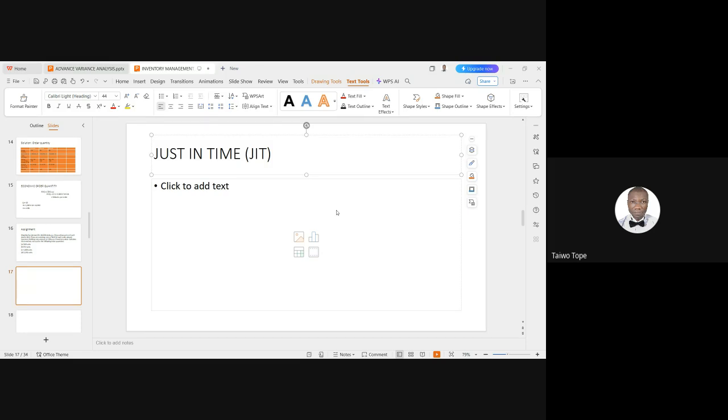So you're trying to compare what the economic order quantity will be if you go with the new customer or you stick to the existing customer. So the concept we've learned this evening is very important. In case it's still like magic to you, you can go over it again.